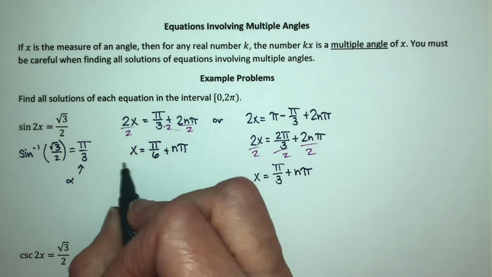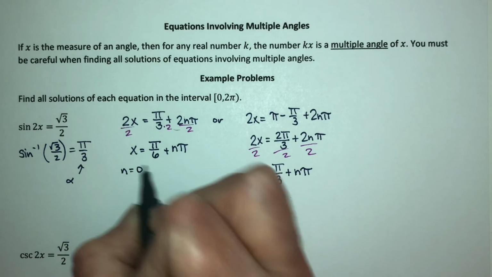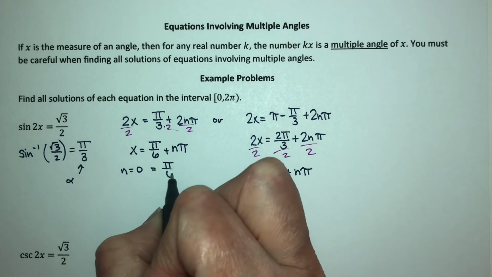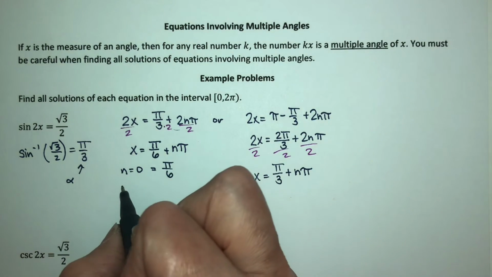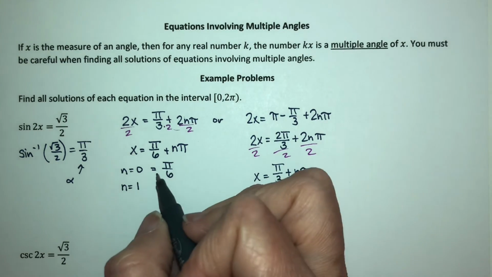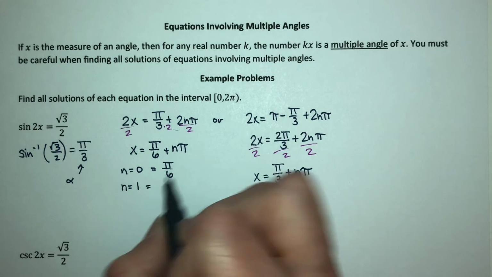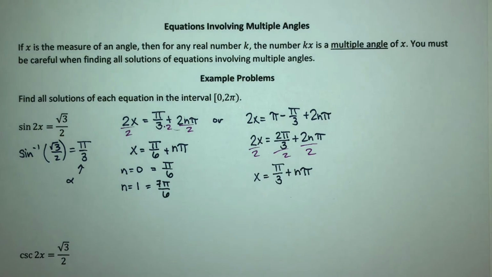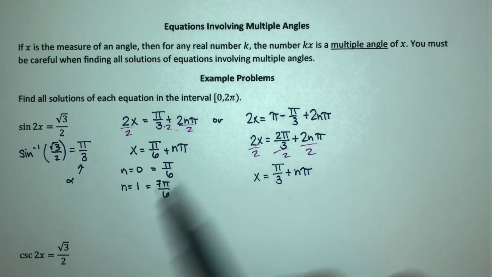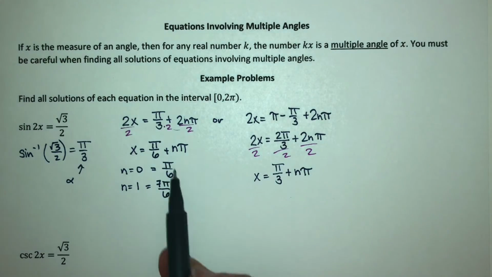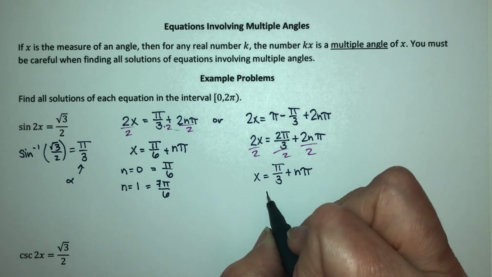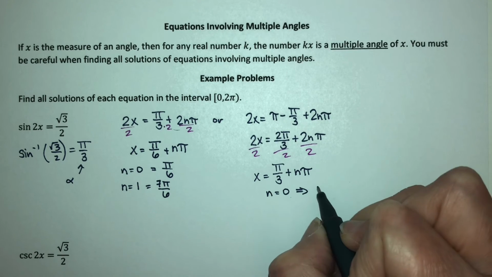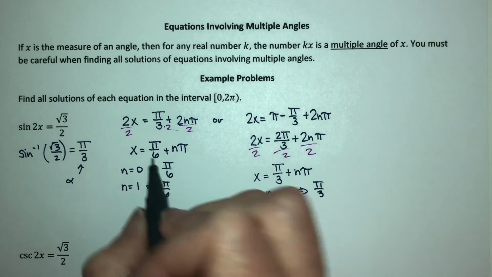Okay, now here, if our n is 0, we get pi over 6 as one of our solutions. If n is 1, then we're adding pi to pi over 6, and we get 7 pi over 6. If we add pi again, then we are above 2 pi. So these are the two possibilities we get from this set of solutions. Here, if our n is 0, then we get pi over 3 as one of our solutions.